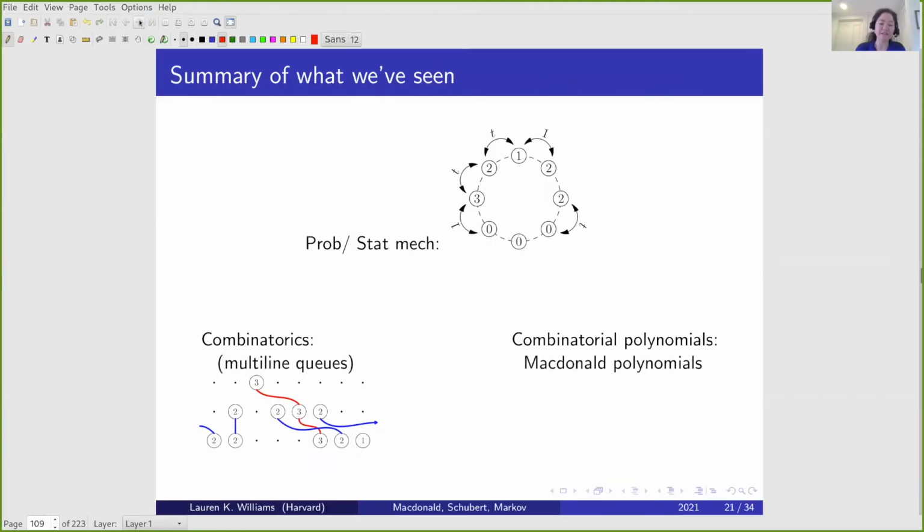So as a little summary, we've seen this model from probability and statistical mechanics, the multi-species ASEP. We've seen that it's connected to Macdonald polynomials, and that the combinatorics of multi-line Qs can be used to understand both of these things.